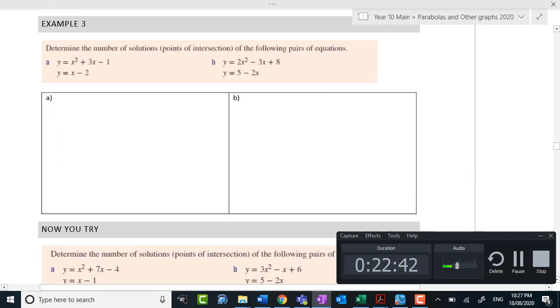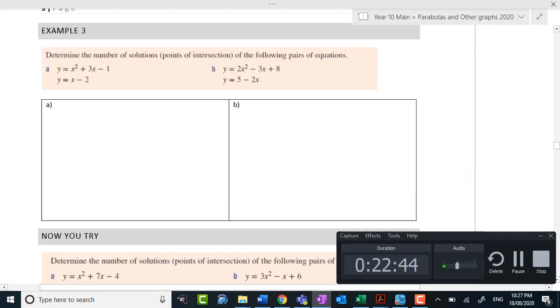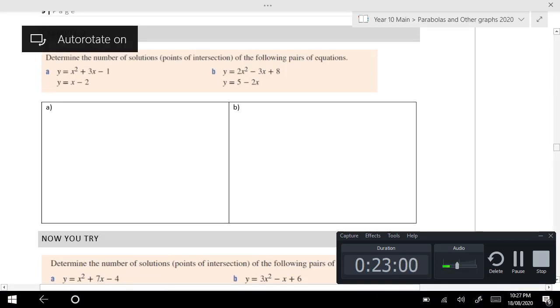Okay, now, this time we're looking at ones where it says determine the number of solutions. I'm going to show you these ones just quickly, and then I'll get you to try the last couple. Once again, we're trying to find the number of solutions, but what we have to do is take the right-hand sides of the equations, and they need to equal each other.